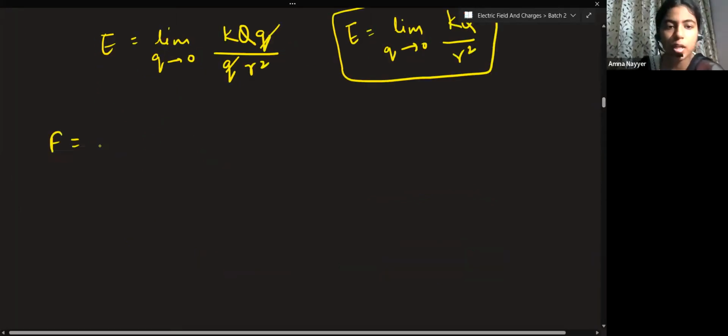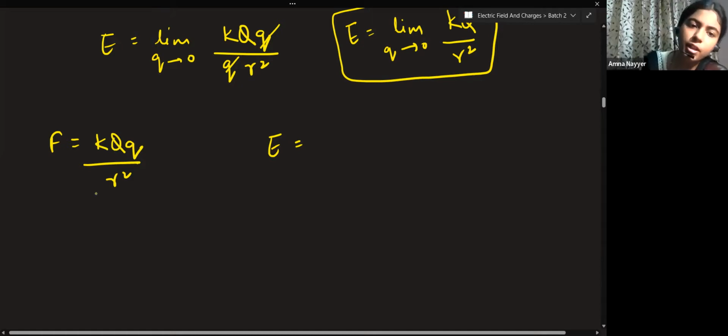Or in simpler terms, the way we have written it for electric force, force is K capital Q small q divided by R square. So electric field will be what? Just divide this term by small q because you are dividing it by the test charge. If you divide it by the test charge, what is left? K capital Q divided by R square.